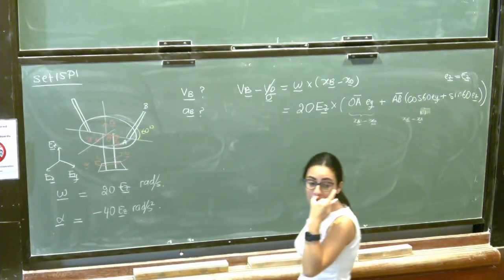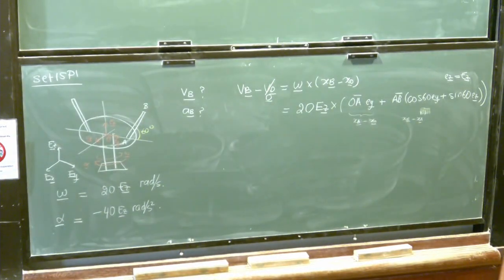Since we are considering only one instant in time, it is okay not to take a rotational basis. We can take the fixed basis to coincide with the rotational basis at this instant. But usually, if I'm looking at how a rigid body moves in time, then I put a rotational basis on the rigid body, which is not going to be the same as the fixed basis, right? Here, because I'm looking only at one instant in time, it's convenient to take the rotational basis and the fixed basis to be the same at this instant.